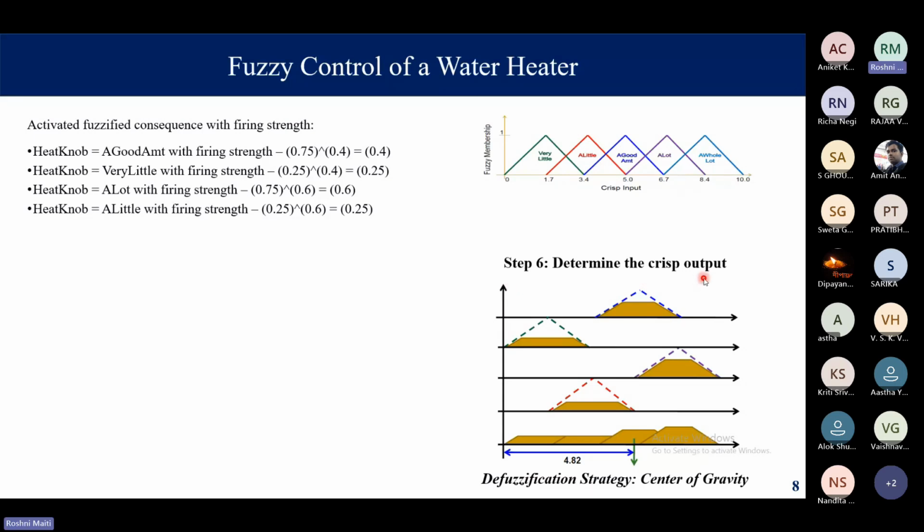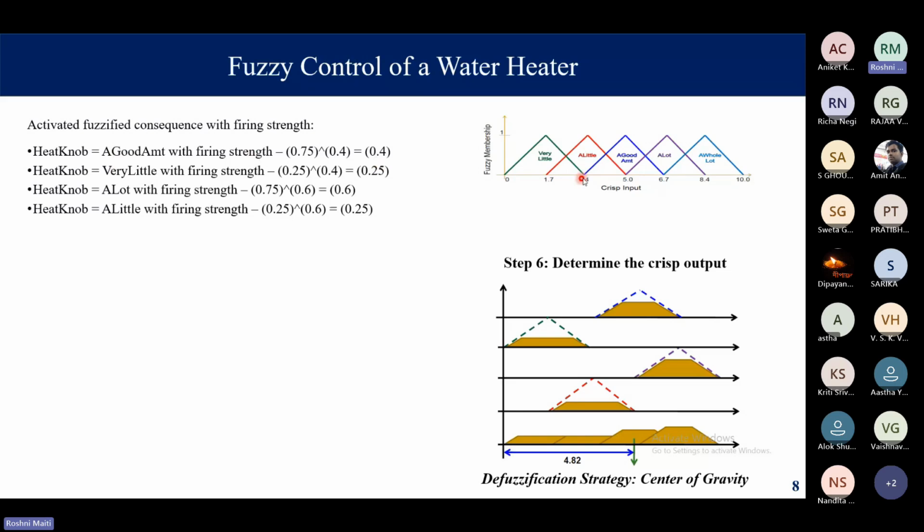So how to get that crisp output? Different types of defuzzification we can apply here. Here we have done the center of gravity defuzzification. For that, how have we drawn this curve? First, we can see it will be a good amount with firing strength 0.4.